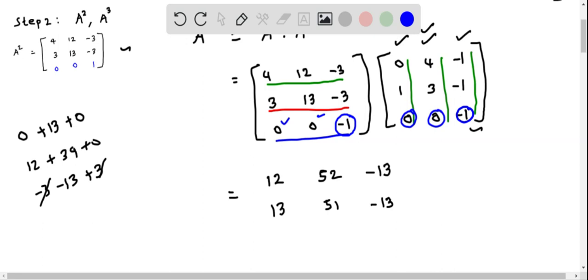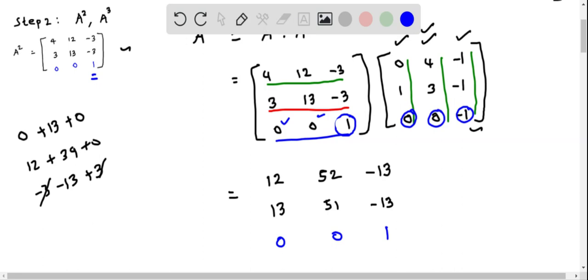So negative 1 times 0 is 0, and this will also be 0. And finally, the last element will be negative 1 times negative 1, this has to be positive 1. I'm sorry, I have actually written this as negative 1. This is positive 1. So this has to be positive 1 and not negative 1.